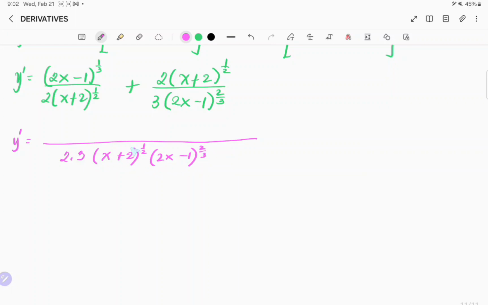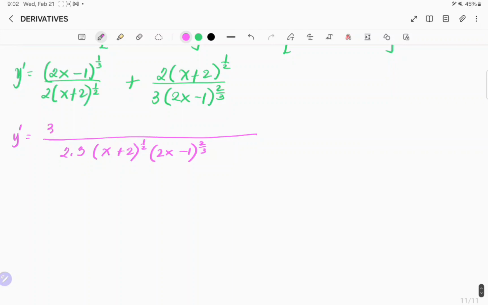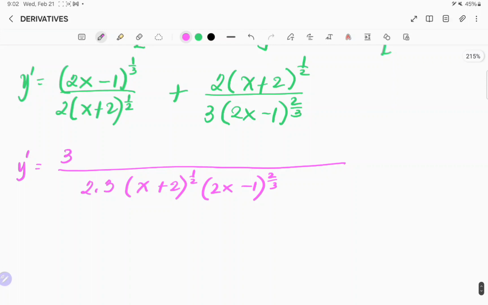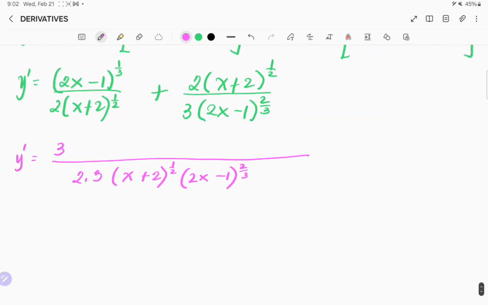Now dividing this LCD by our first denominator, which is 2 times x plus 2 raised to 1 half, it will give us 3 times 2x minus 1 raised to 2/3, which is to be multiplied by our numerator, which is 2x minus 1 raised to 1/3, plus we have to divide this LCD by this denominator, and it will give us 2 times x plus 2 raised to 1 half.